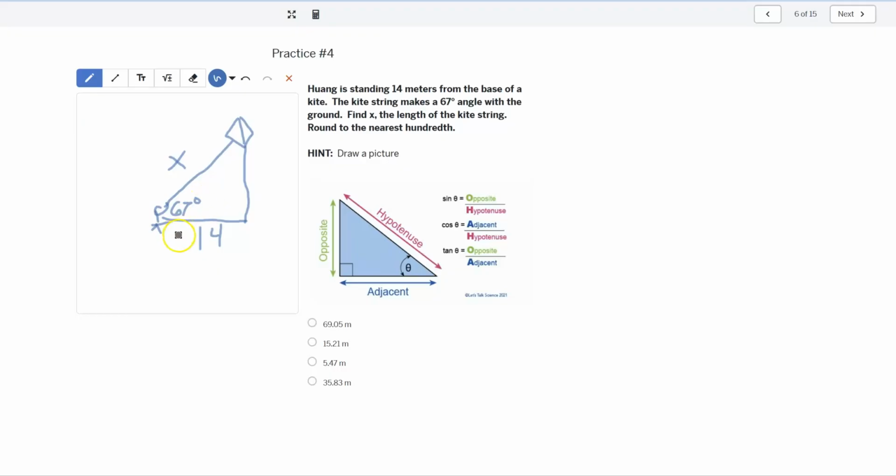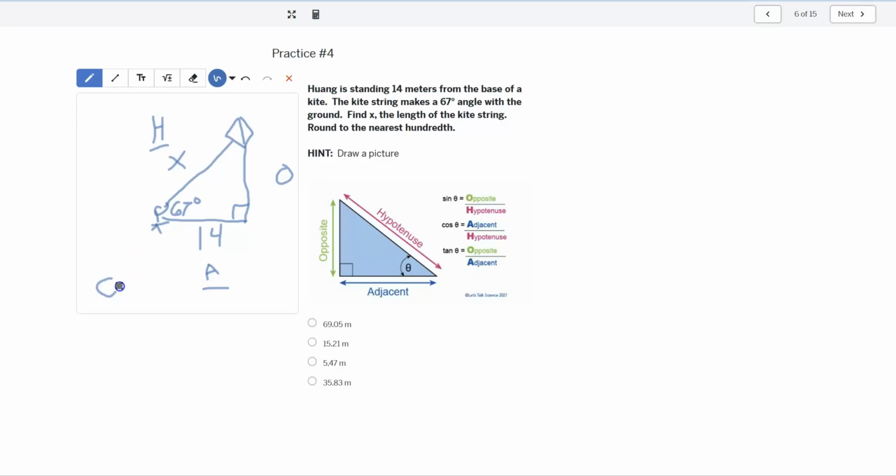So in this case, if we label, this would be our opposite side over here. Our adjacent is next to him. And our hypotenuse would be where the string is, because it would make a right angle when the kite goes to the ground. So based upon the information we have, which one uses the A and the H? Sine is O and H, cosine A and H, tangent O and A. Since we have the A and H, the 14 and the x, we're going to use our cosine.